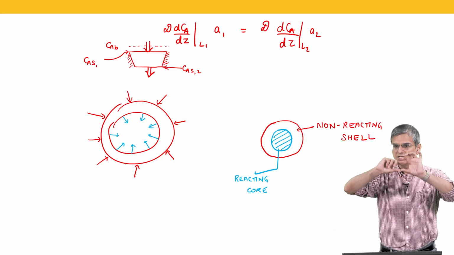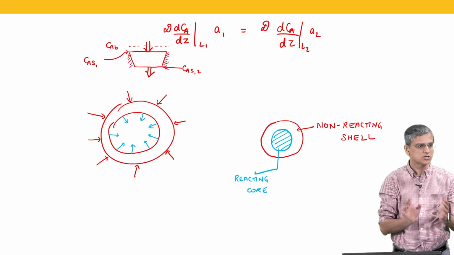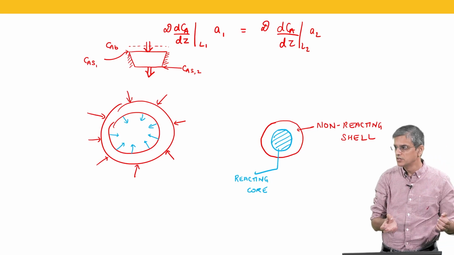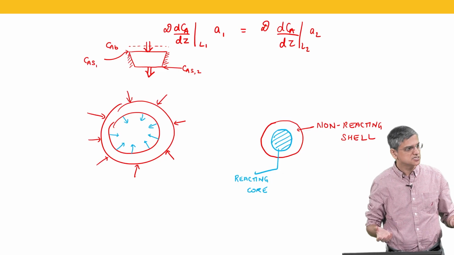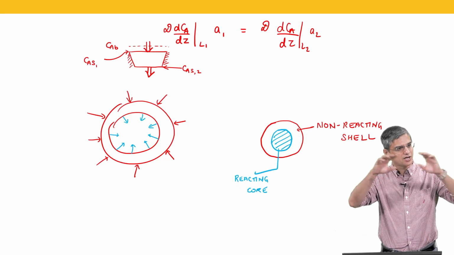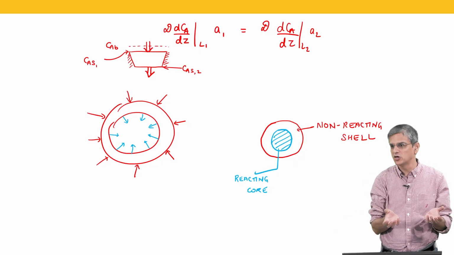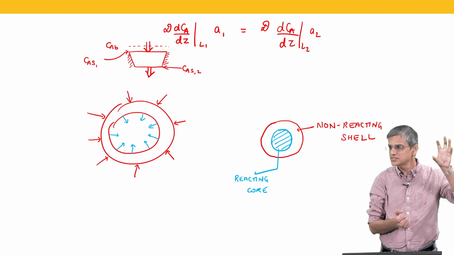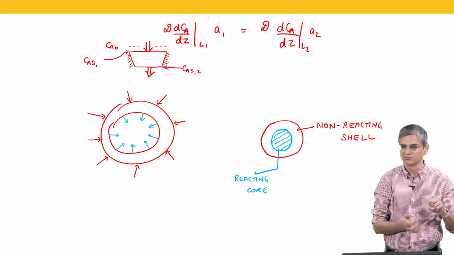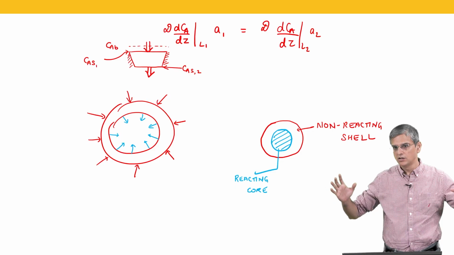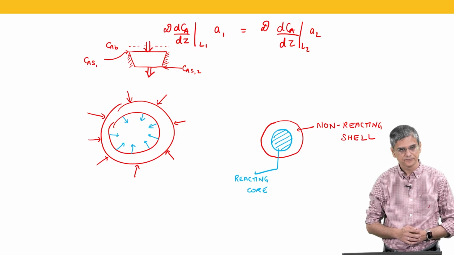This is when you have a non-reacting shell that is formed. What happens if the non-reacting shell is not there? Very simple, you don't have to worry about diffusion without reaction, but you have to consider the fact that the size of particle is changing. So, that is how you handle all of these cases.